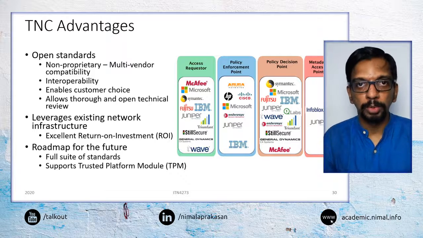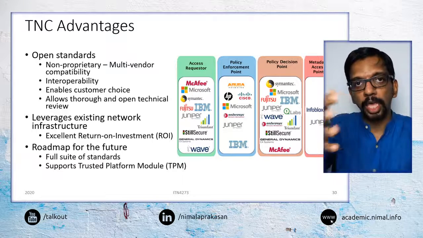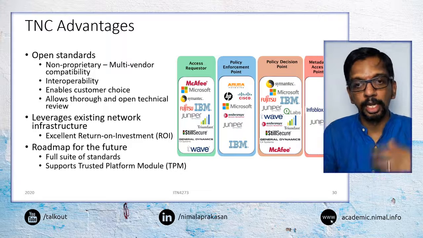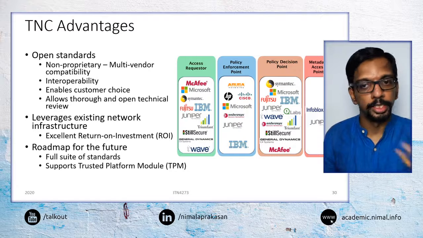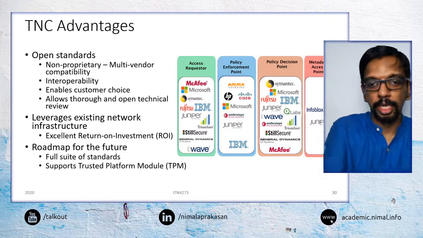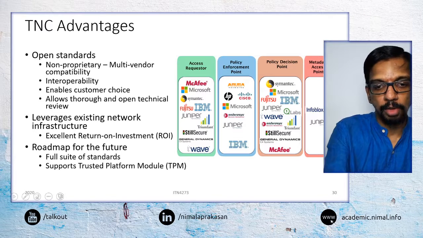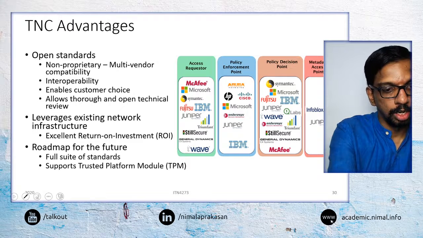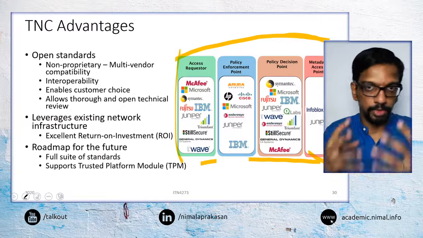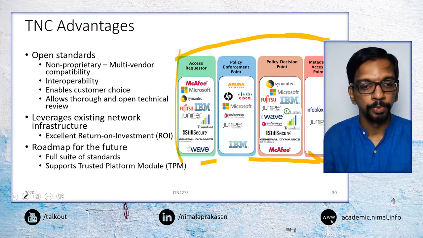And from a customer point of view as well, people can have different things as part of their network and still interconnect and get all the advantages out of that. So as you can see here, there are many vendors, some hardware vendors, some software vendors, and all of them are part of this broader sort of technology, broader solutions.